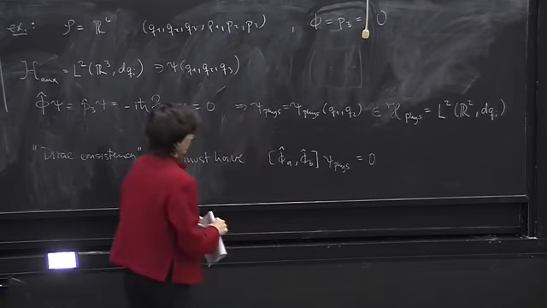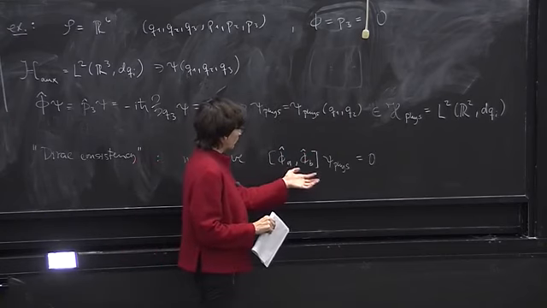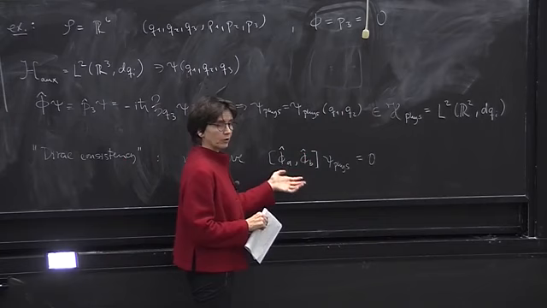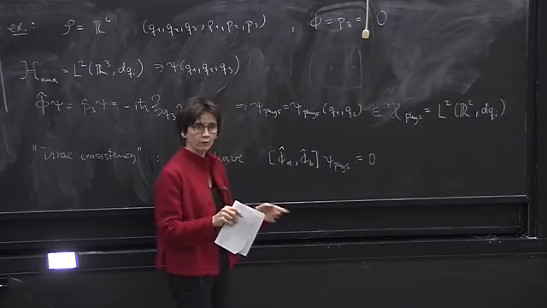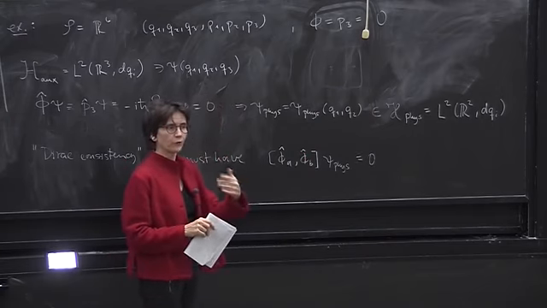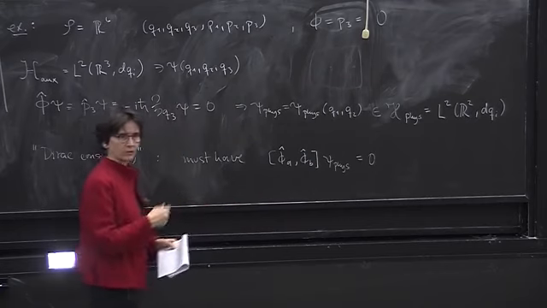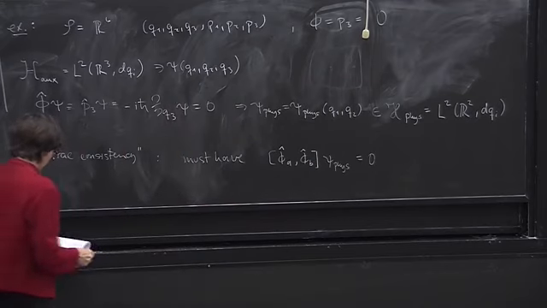And that was the quantum counterpart of saying the classical Poisson bracket of a pair of constraints has to vanish on the constrained surface. That was a classical consistency condition.